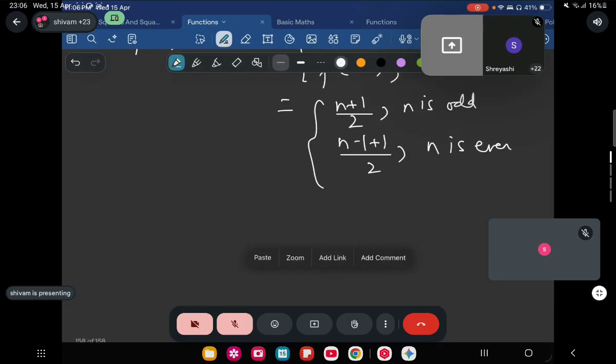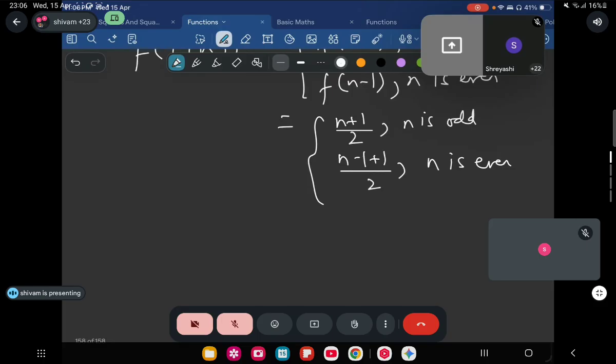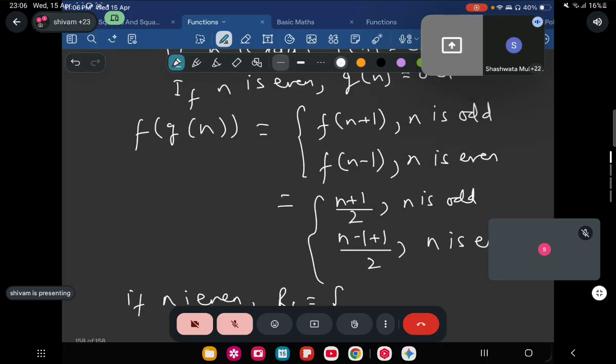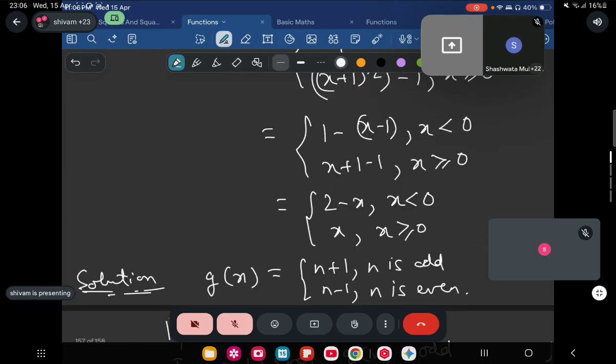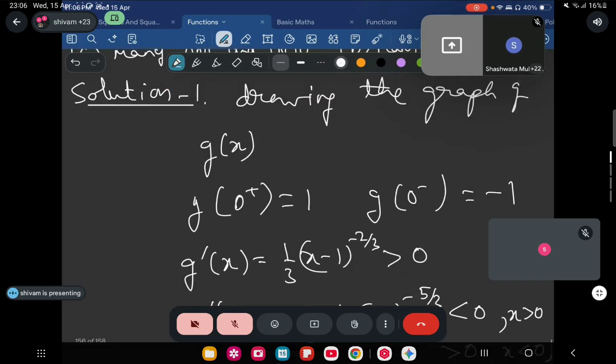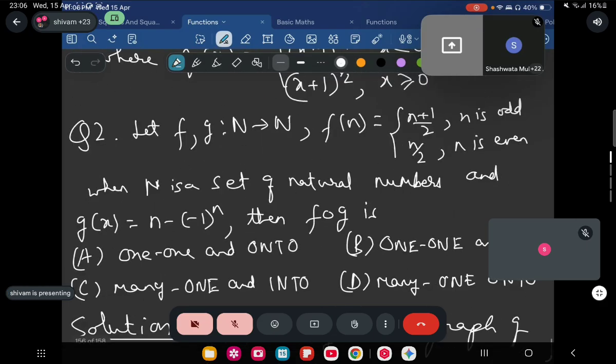Okay. Acha, if n is even, what's the range? But for n is even, it is given n by 2. For n is even, it is given n by 2.